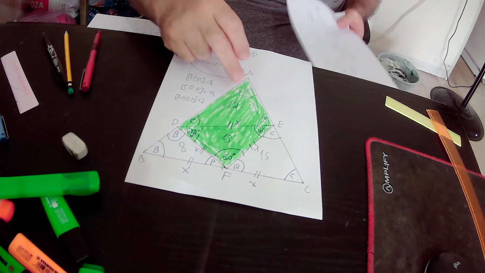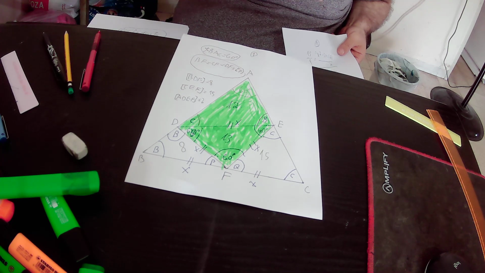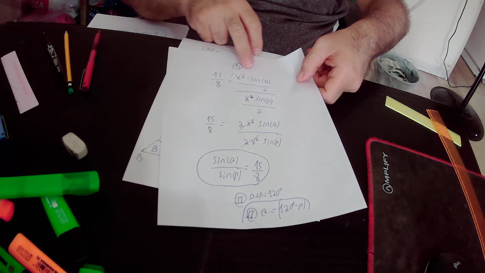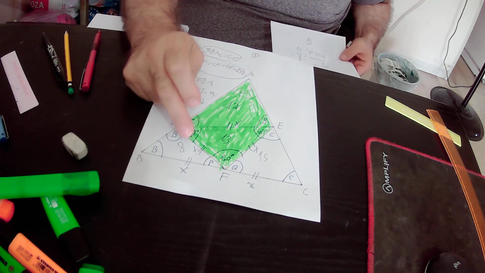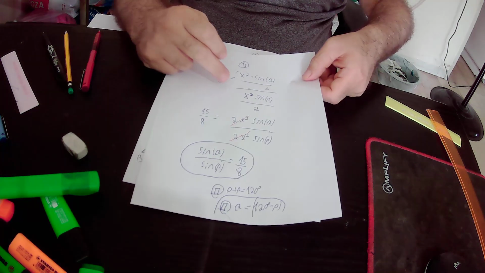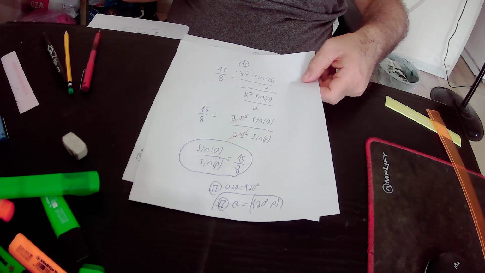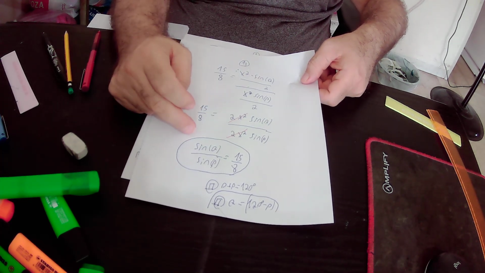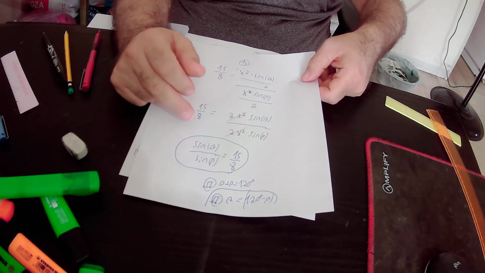The area of the big triangle equals x squared times sine q over 2, and the area of the small triangle equals x squared times sine p over 2. So we found out that sine q over sine p equals 15 over 8.